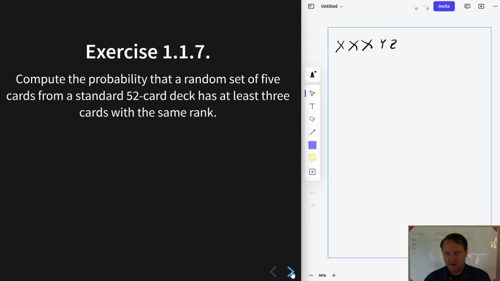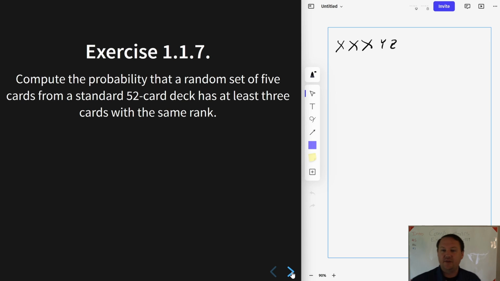There will be a reason later on why I might want to enumerate it in that particular way. So we can identify a card of rank 2 with the number 0, rank 3 we identify with 1, and so on. And so an ace would get identified with rank 12.